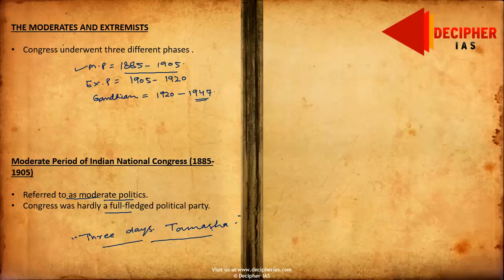In this discussion, we will learn about the moderate phase, but before that we will learn about the moderate leaders. What purpose will it serve? Reason being, as the UPSC has changed the syllabus, it asks questions about the leaders of the Indian national movement of those times. If you remember, in 2013 as well, they asked about the contribution of Maulana Azad.